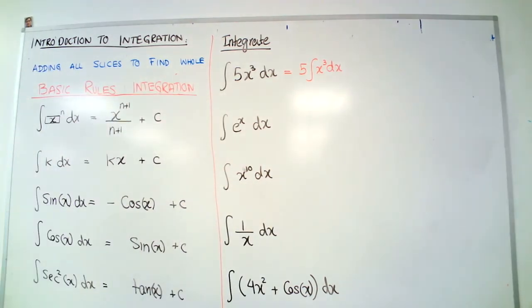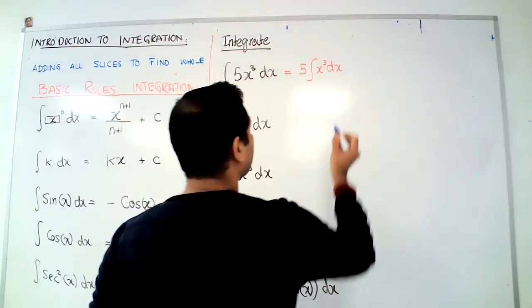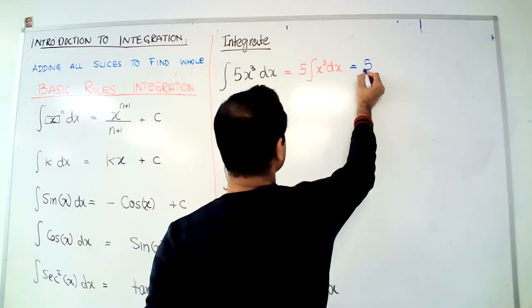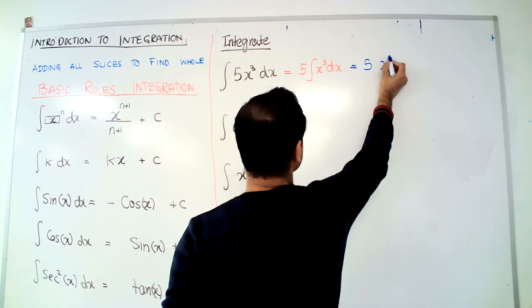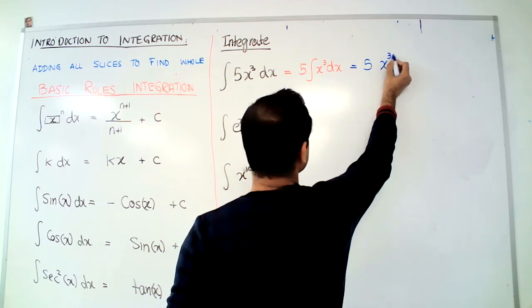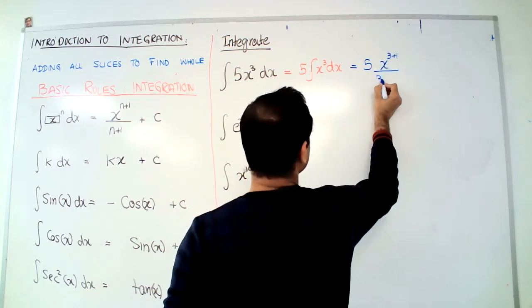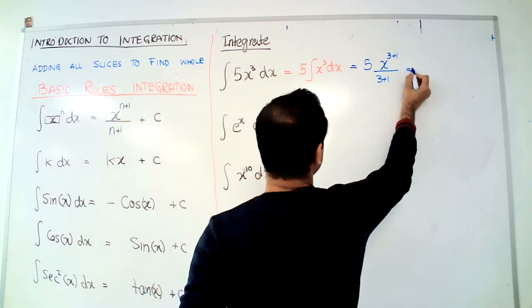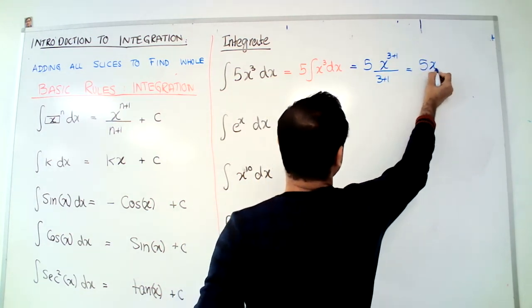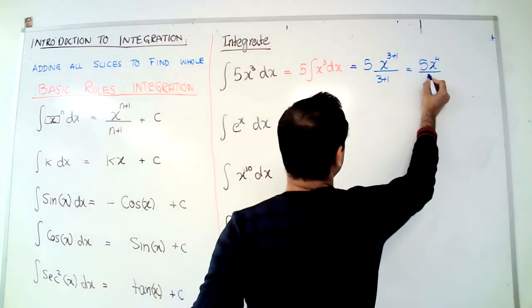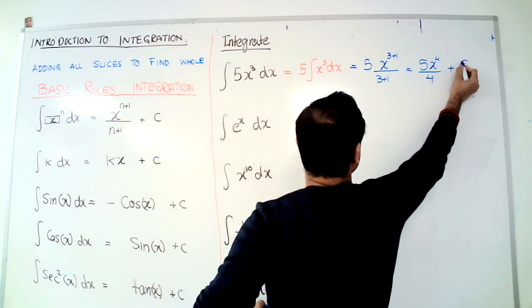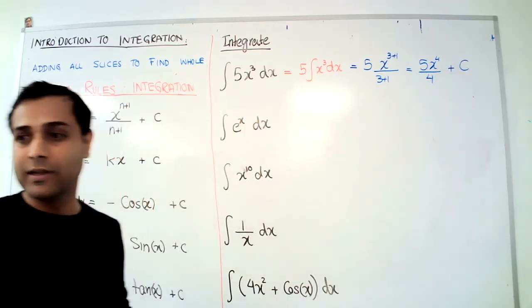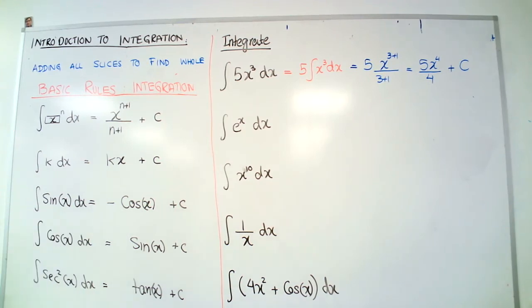When you integrate x cubed dx, that will become x to the 3 plus 1 divided by 3 plus 1. So that becomes 5x to the 4 over 4. But you need to add that constant of integration, which is a c, in the end. Do not add the constant of integration until the very end.